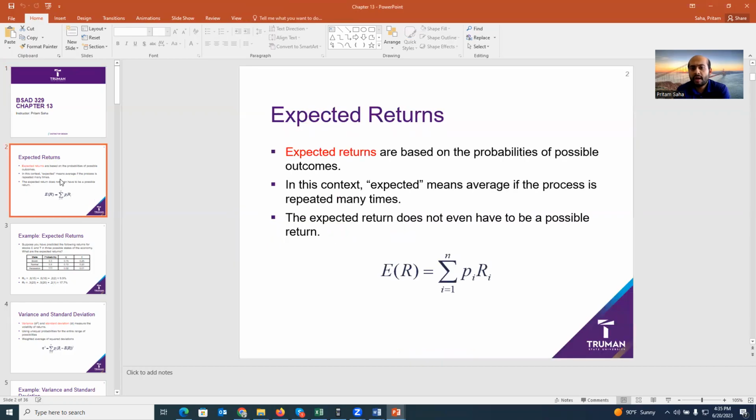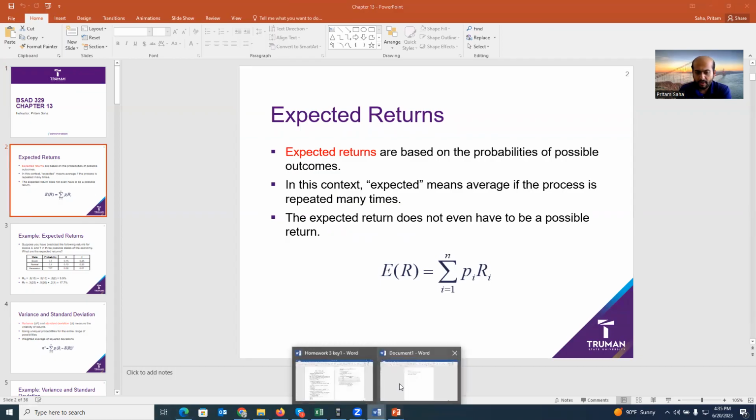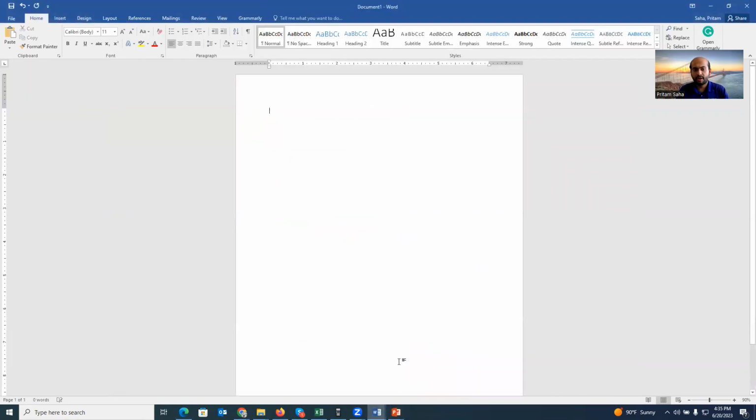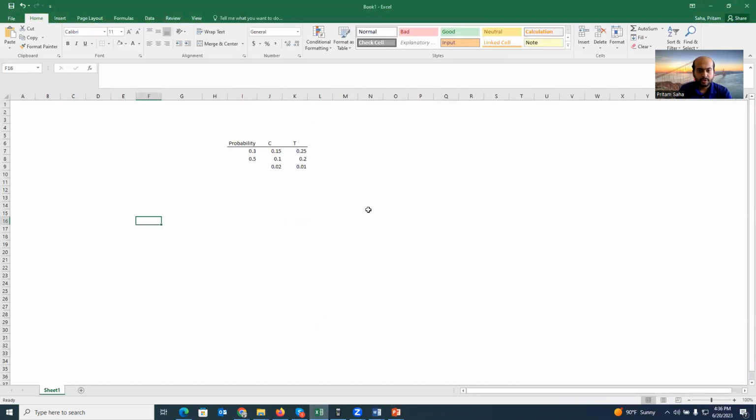When you talk about return, you have to be careful. Return can be of two types: actual and expected. Now let's go back to the timeline. Let's draw the timeline here.